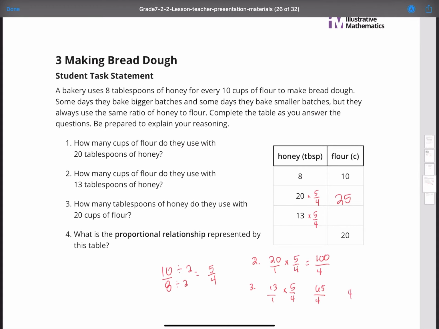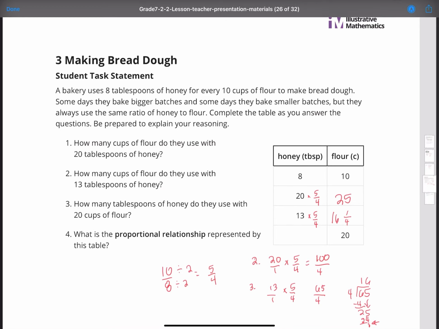So I could put 65 going inside and 4 on the outside, and then I'm just going to do some quick math. This would be 6, and that would be 24. But I can leave it as a fraction. The whole number at the top is going to be 16. The remainder, which is right here, is going to be the numerator, and 4 is going to be the denominator. So 16 and 1/4.